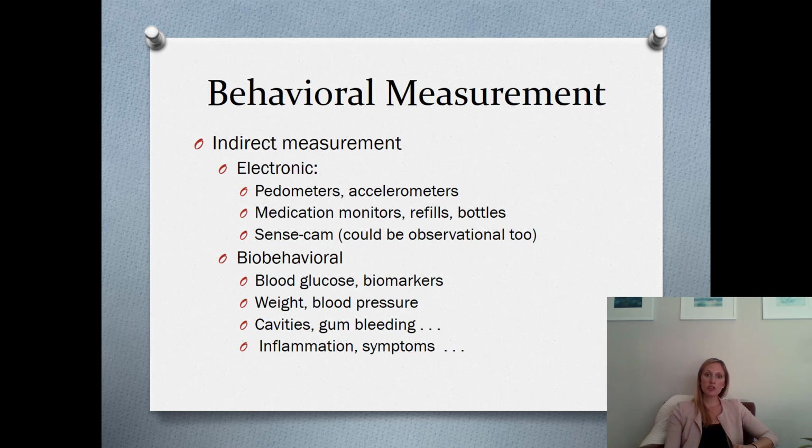So the next way that we measure behavior is indirect measurement. So this is when we can collect data using electronic measures, or what I'm calling biobehavioral or biomarker data, and you can use them as kind of a proxy measure for behavior when we can't observe it.